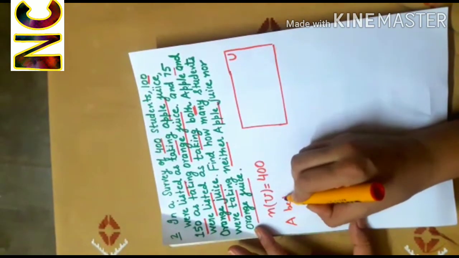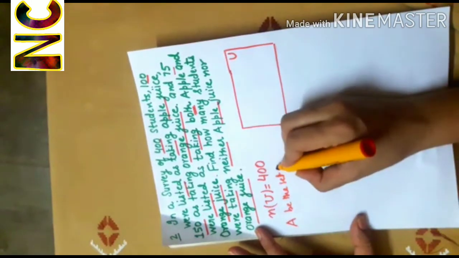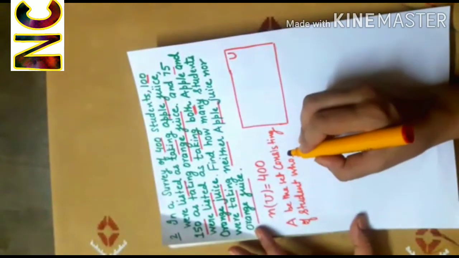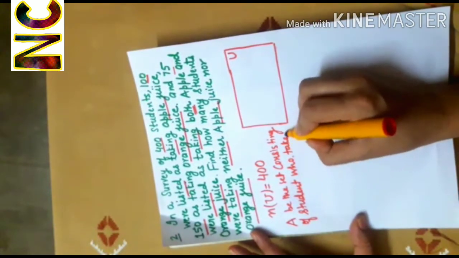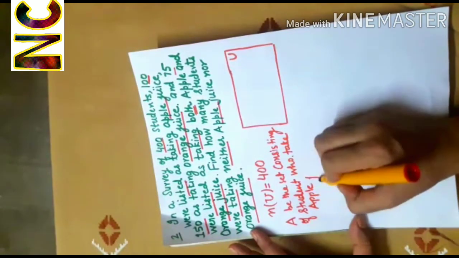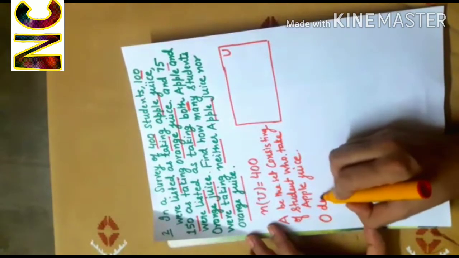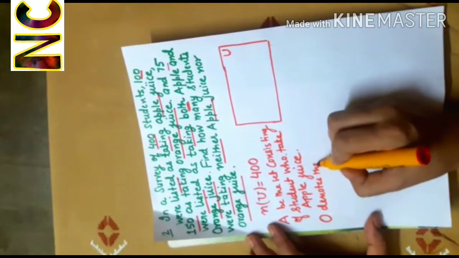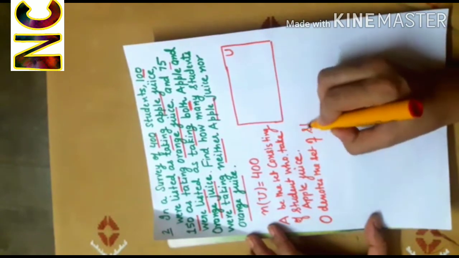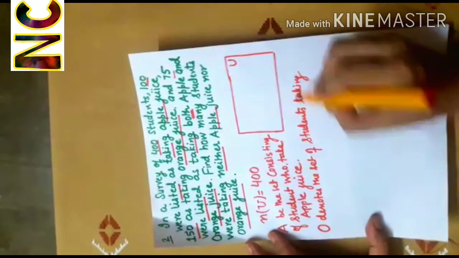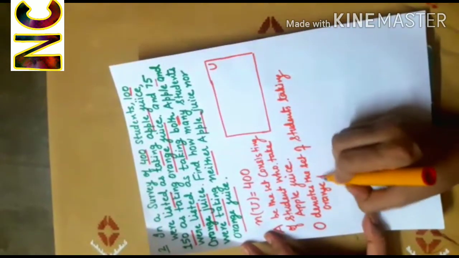Let A be the set consisting of students who take apple juice, and O denotes the set of students taking orange juice.